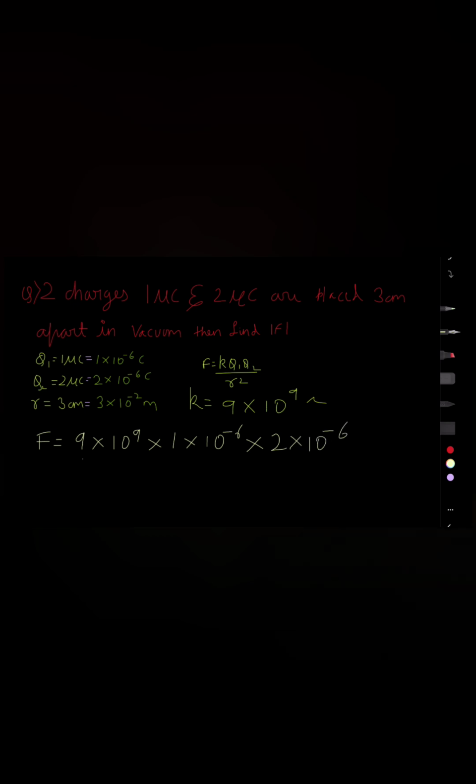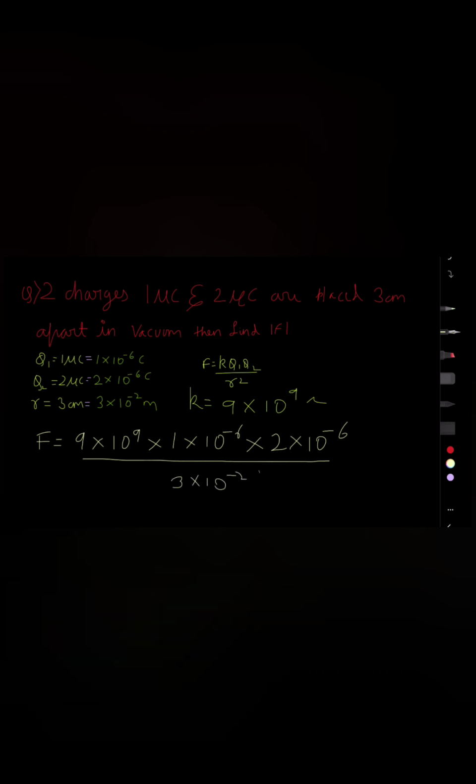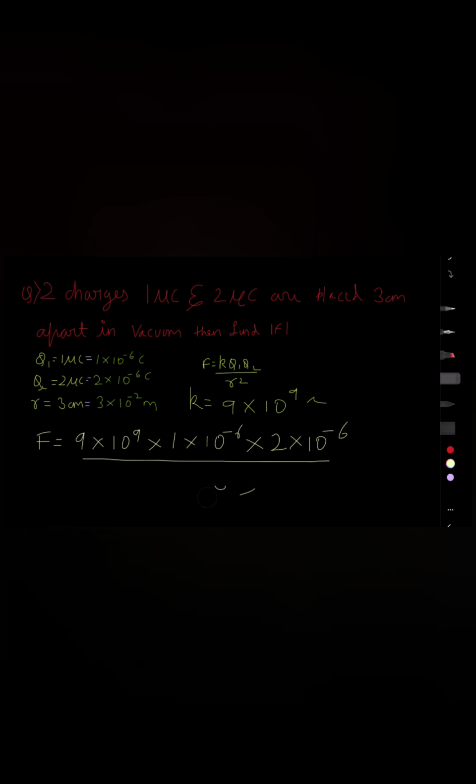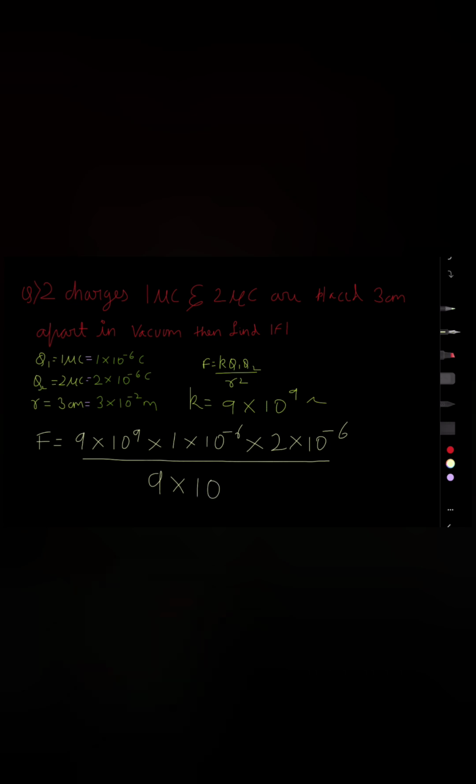Some basic, simple calculations are involved. And it is the square of the distance: 3 into 10 to the power of minus 2 square is 9 into 10 to the power of minus 4. This will be your first step.